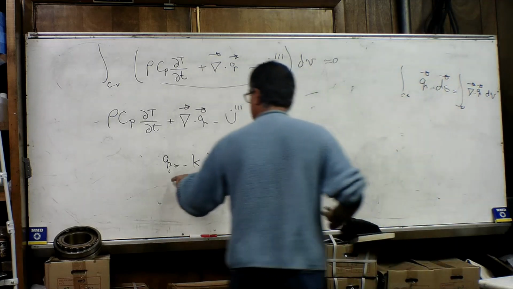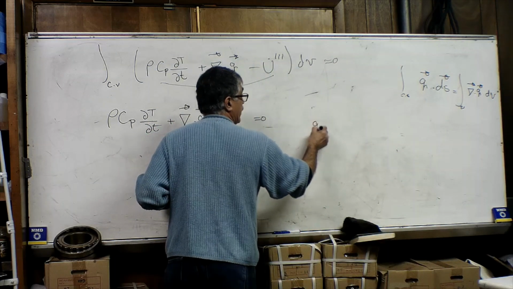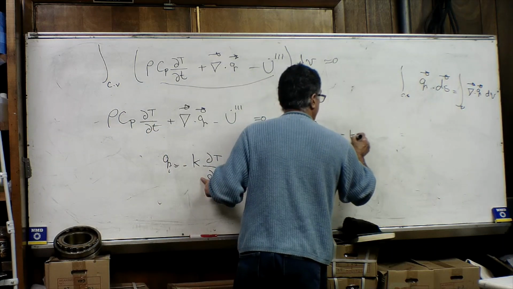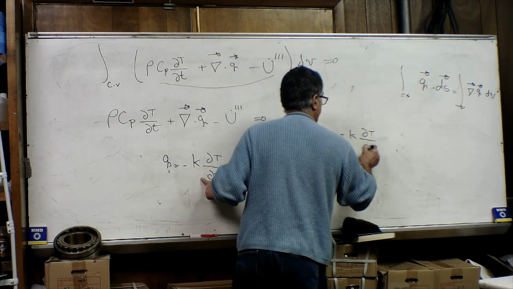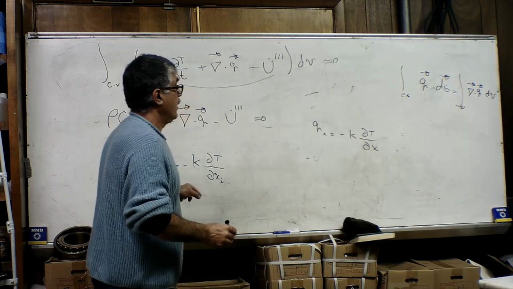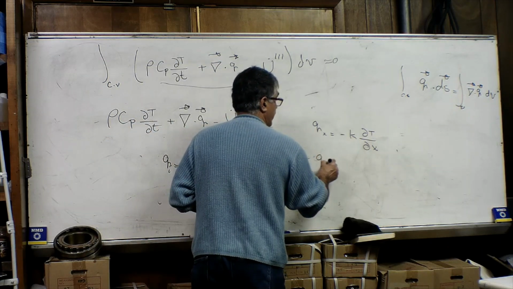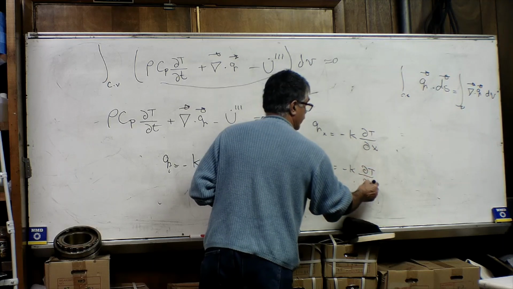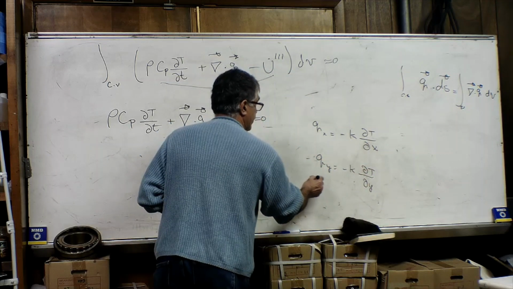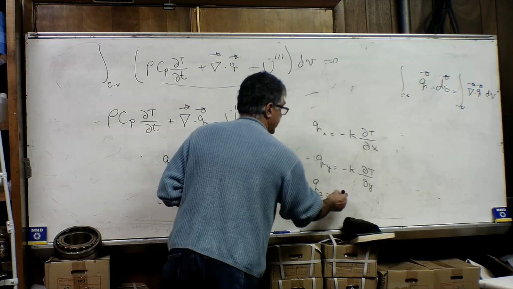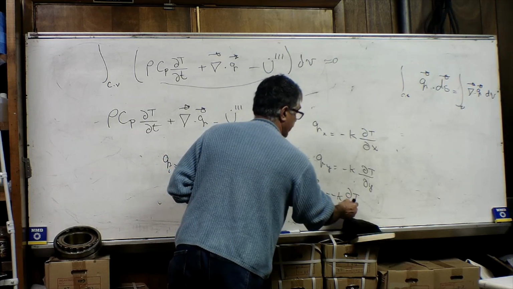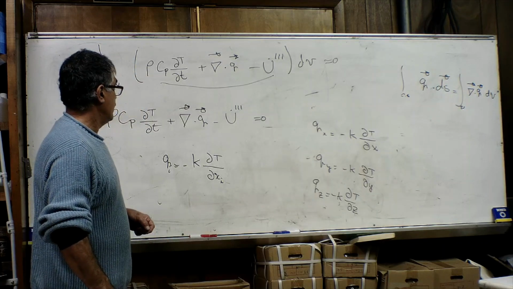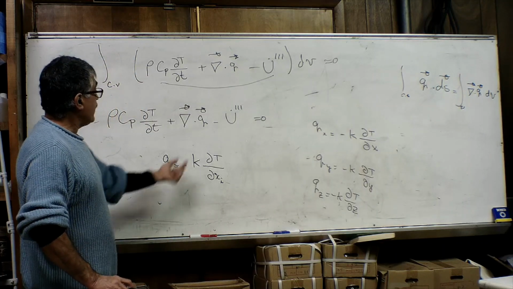So that means that Q in the X direction is equal to minus K partial derivative of T with respect to X, and Q in the Y direction is minus K partial derivative of T with respect to Y, and Q in the Z direction is minus K partial derivative of T with respect to Z. So let's write it in a vector form.